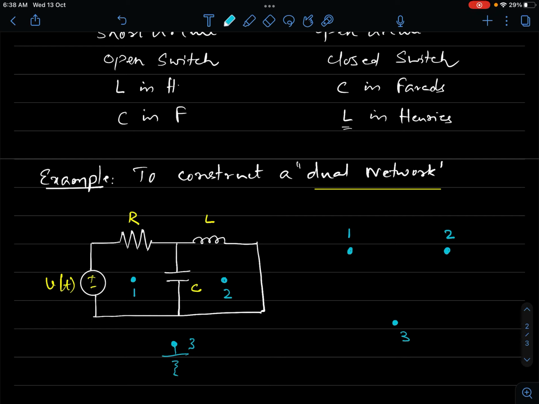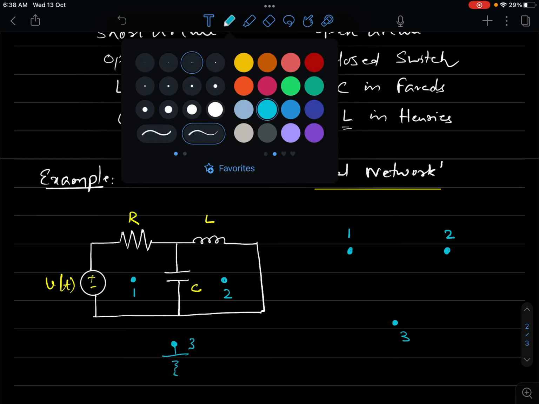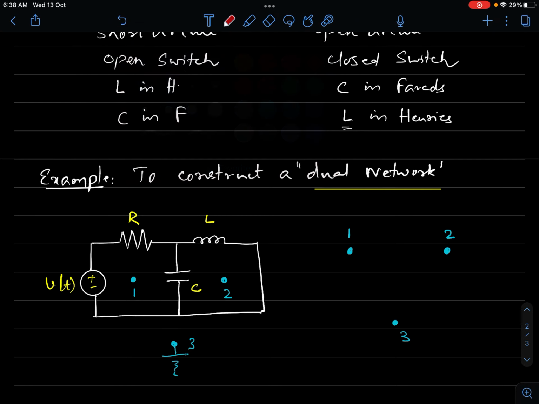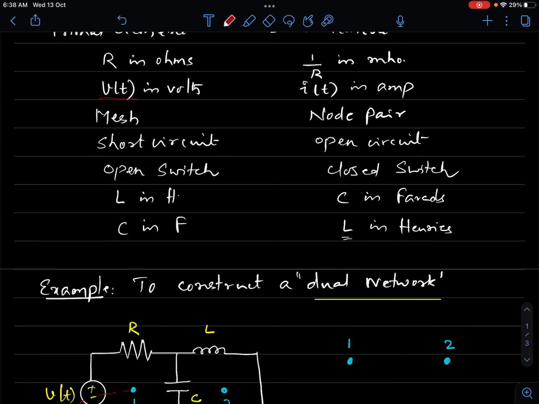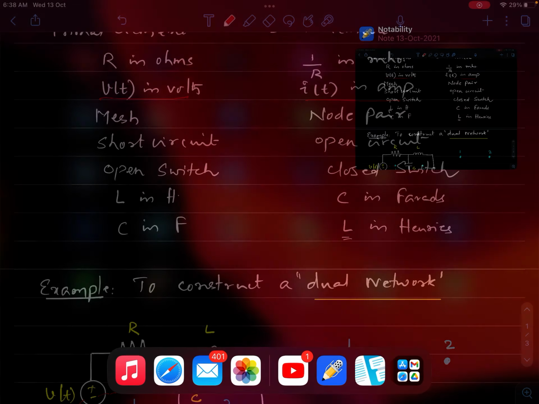From 1 to 3, I will pass through this element from node 1 to node 3. So my V of t lies between node 1 and node 3. And what is the analogous element for voltage source? For voltage source, V of t corresponds to I of t in amperes.